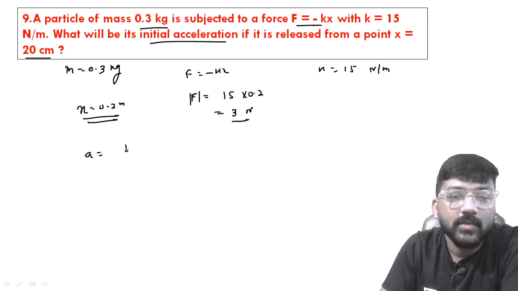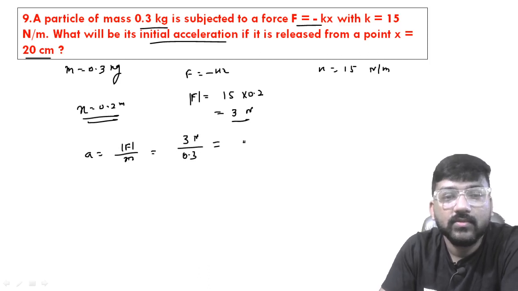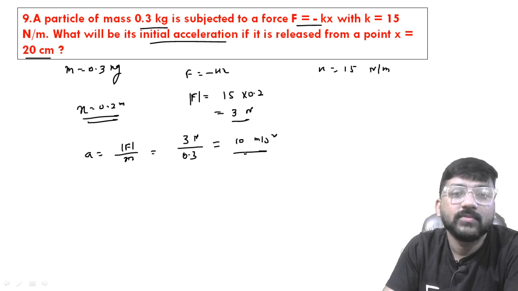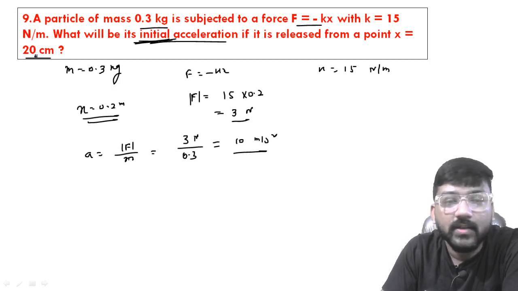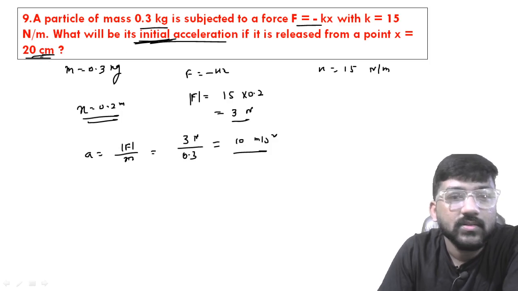Acceleration will be the magnitude of F divided by mass, that is 3 Newton divided by 0.3 kg. That means it will be 10 meter per second square. So this is how you can solve this concept. Here we need the initial acceleration, so I can write x is equal to 20 centimeter, because initially the compressed length is just 20 centimeter.